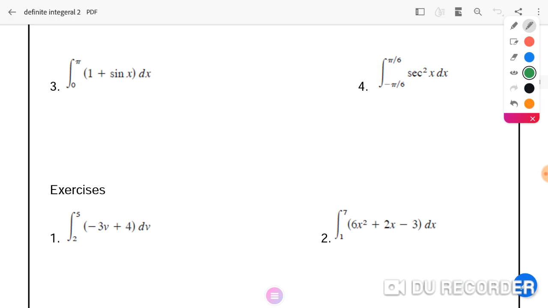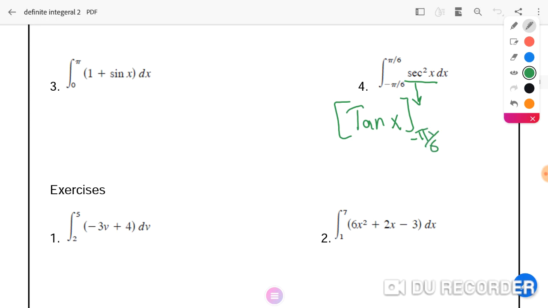Here in this one, what is the integration of this function? The definite integration by using the fundamental theorem. I have to find the integration of this function, which means the antiderivative. It will be tan x. Then substitute by the upper limit and from -pi/6, which means in radian.